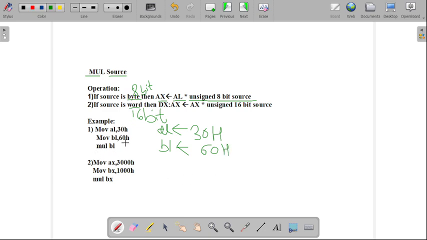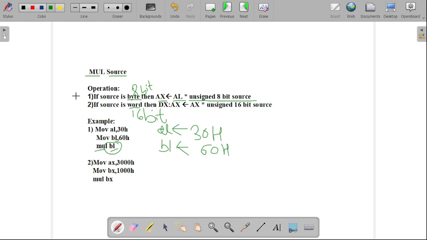After copying the values of 30 and 60 into the AL and BL registers, we perform the multiplication of this BL register. Whenever we have to perform multiplication of a register, we write the source register, and our source register is BL. Checking 16-bit and 8-bit, our BL register is an 8-bit register.